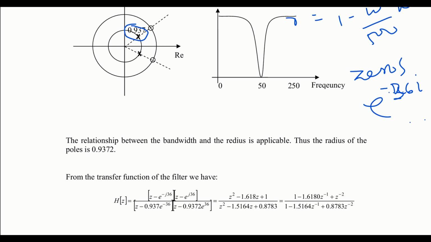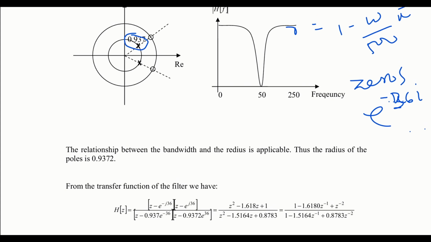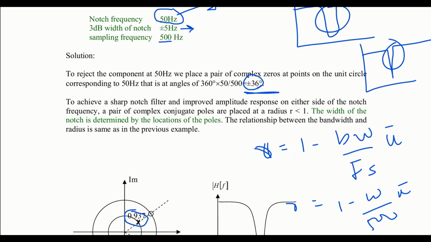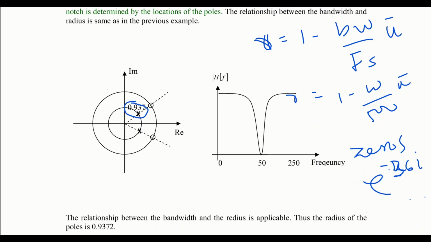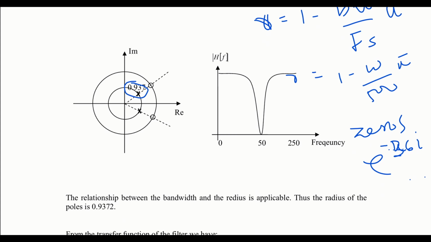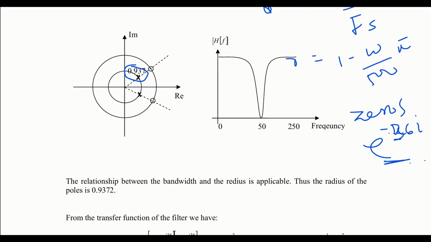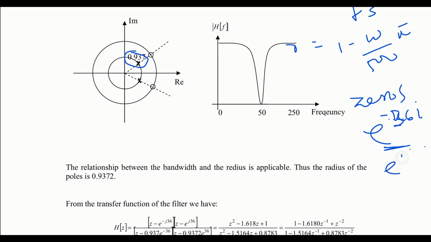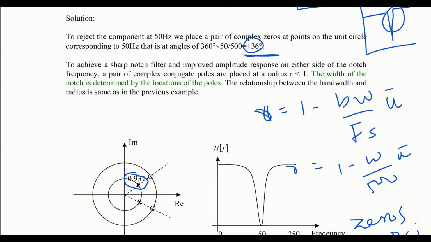But usually, this still means that it's a complex quantity. So remember that we had 36 degrees. It is supposed to be positive for one of the zeros, but the conjugate will be minus 36. So the zeros will be e raised to the power 36 j and e raised to the power minus 36 j. So there'll be two zeros, right? One at positive 36, one at negative 36, just like we discussed here.